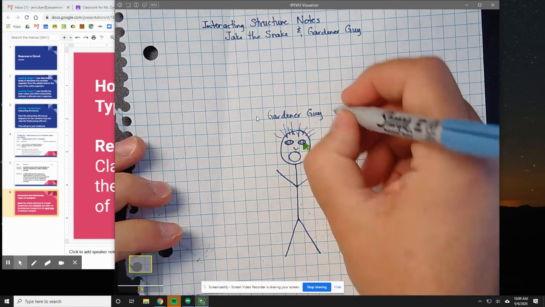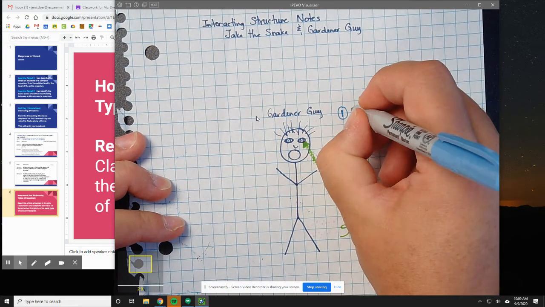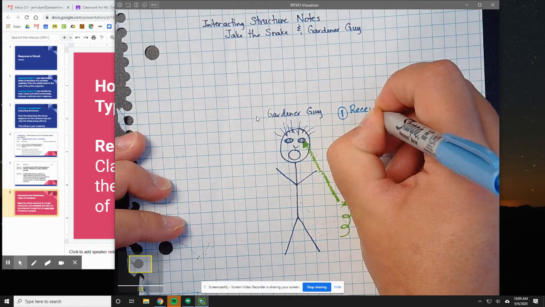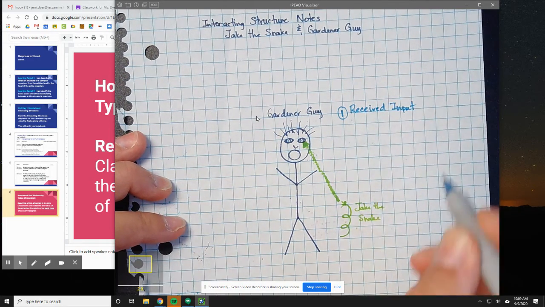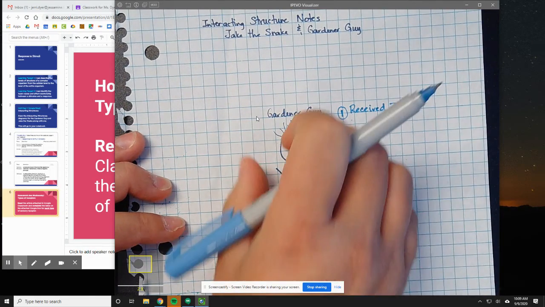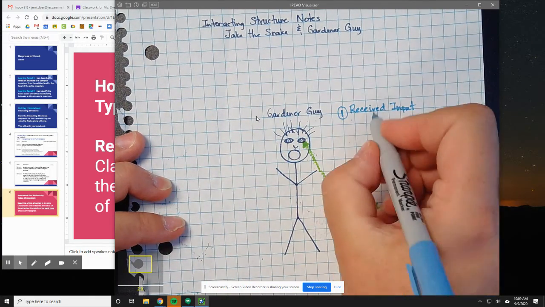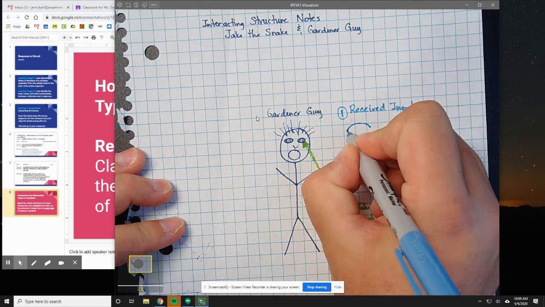So I'm going to put that down on my drawing as number 1, and we'll call this received input. So there has to be some kind of input in order for this organism to respond. So here's the gardener guy's eye.